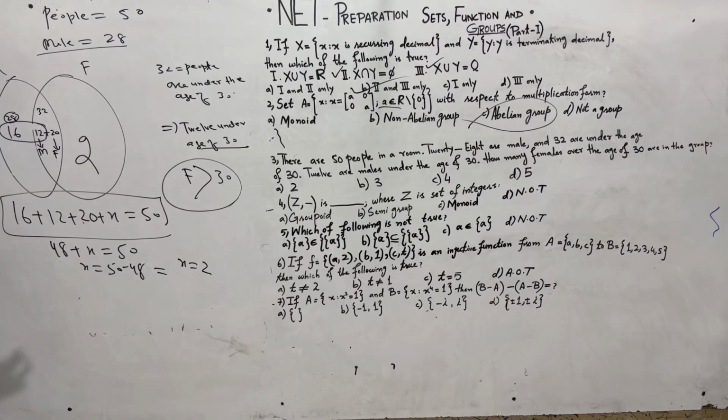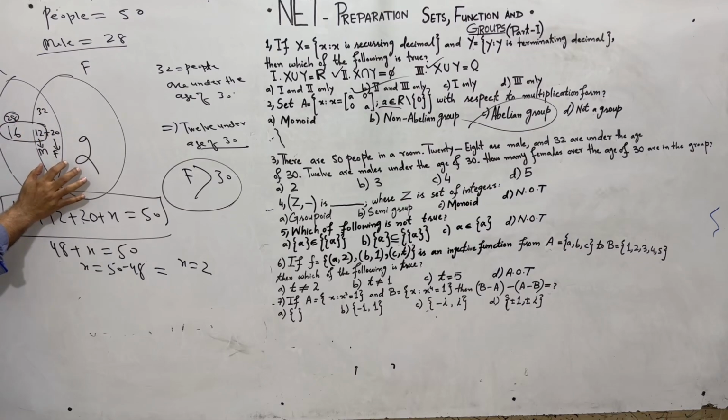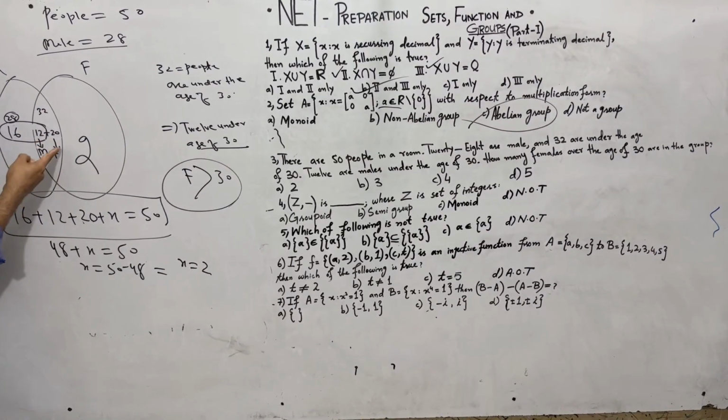Now you can calculate your total. 16 plus 12 is 28, 28 plus 20 becomes 48, 48 plus 2 is 50. The 32 people under the age of 30 are split as 12 male and 20 female.